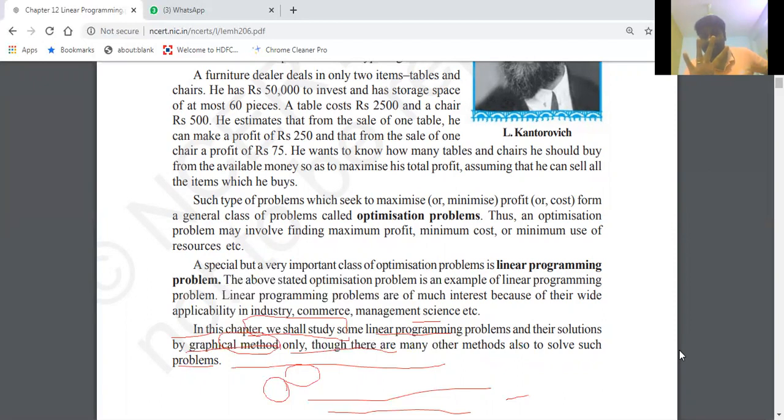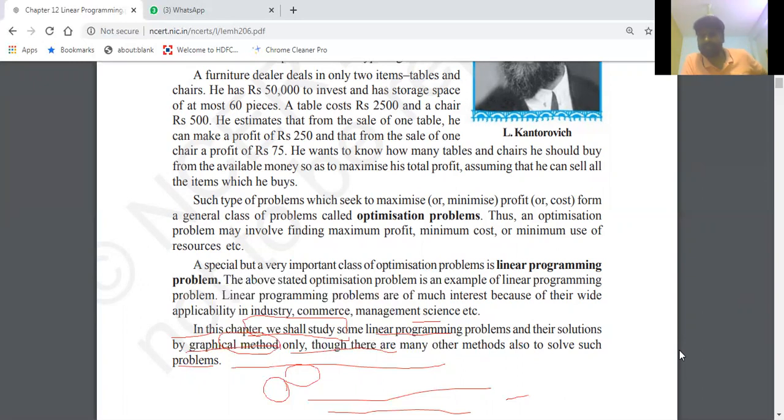In that, by using corner points, we find where we are getting the maximum point. Where the curve is maximum, at which point the curve is reaching the highest place, at which point the curve is minimum, at which point the curve is flat. Based on these corner points only, we are going to find that particular point which gives you the solution for the given linear programming problem.